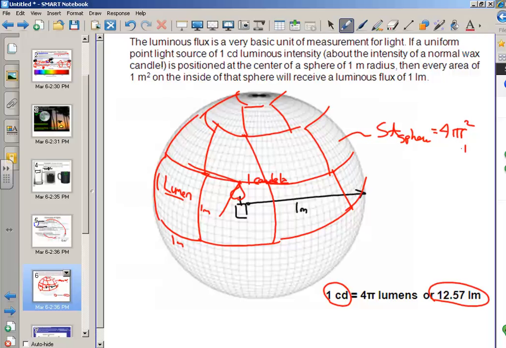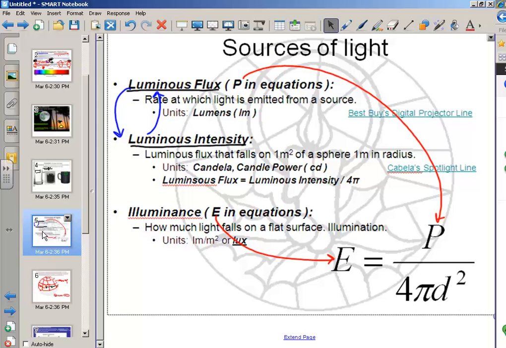And since the radius in this case is just 1, that's why 1 candela equals 4 pi lumens. So going back here, if you've got luminous intensity, which is in candela, you multiply by 4 pi to get luminous flux, and then you divide by 4 pi to get luminous intensity.